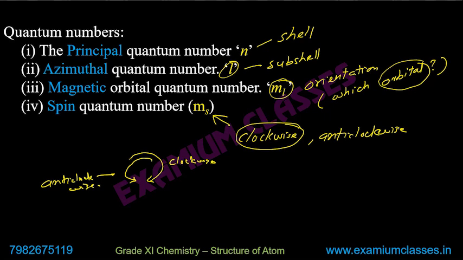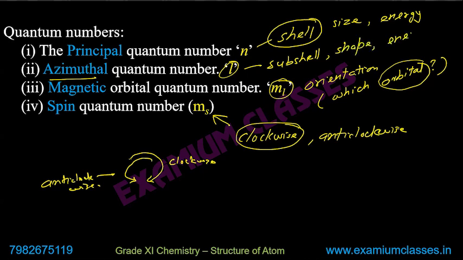Before that, just a few things. Principal quantum number decides the shell and hence the size, and energy. You need to memorize these things. Azimuthal quantum number will give you the subshell, shape, and energy to some extent.